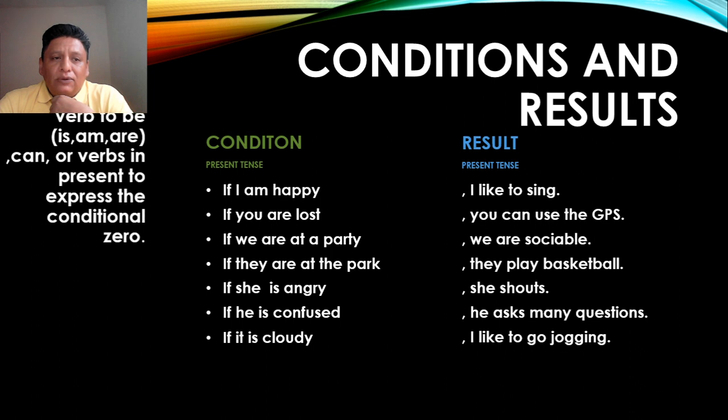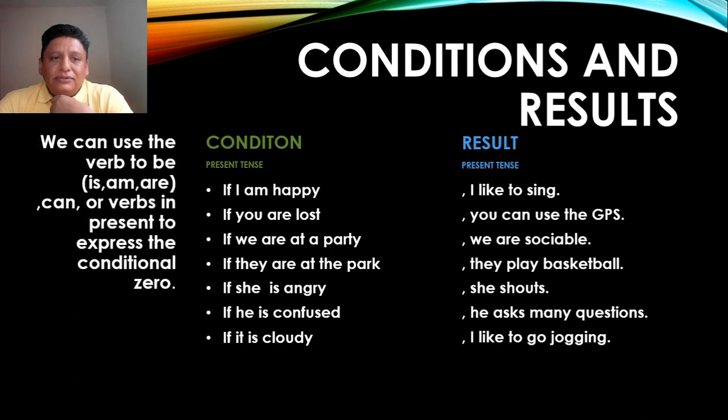Now, one thing we have to remember is that we can use the verb to be, is, am, or are, can, or verbs in present to express the conditional zero. This is called the conditional zero because everything is in present. For example, as you can see, if I am, if you are, if we are, if they are, if she is, if he is, if it is, we are using verb to be.